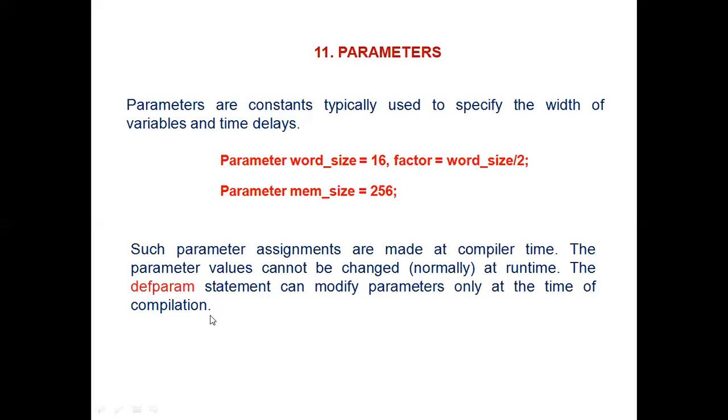So during compile time these assignments can be made, but during runtime we cannot change the values of parameters. But we can modify the values of the parameters by using the defparam statement, at the time of compilation only.